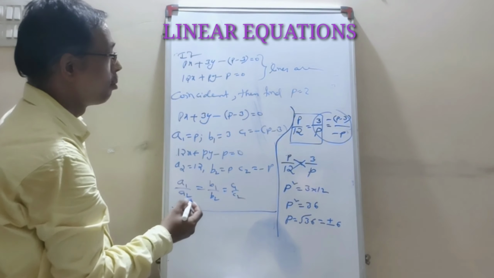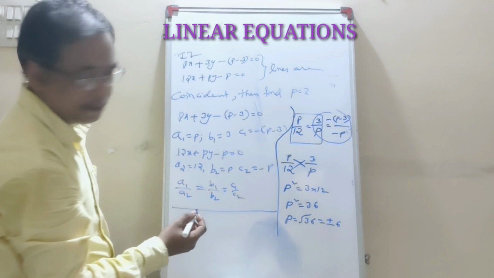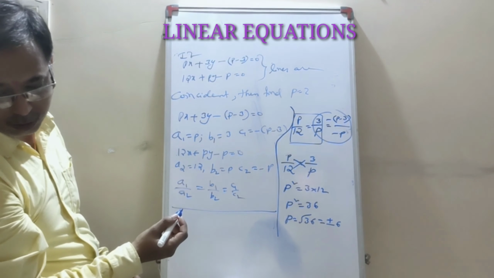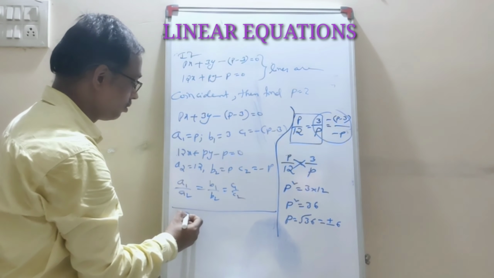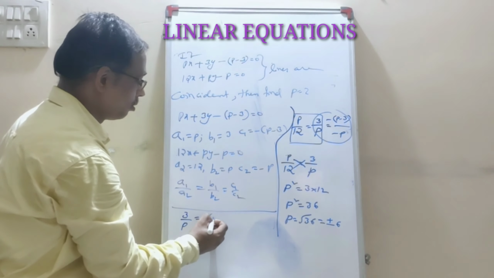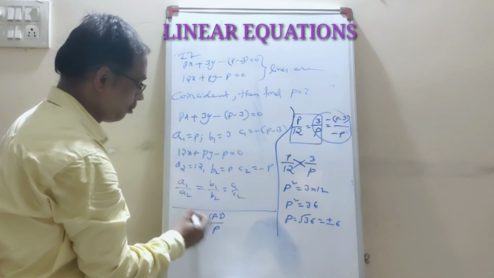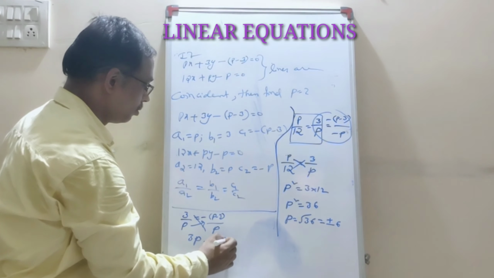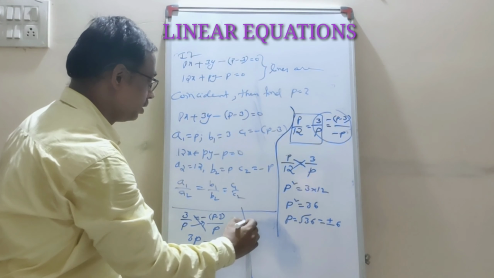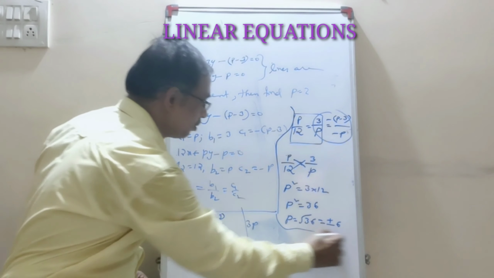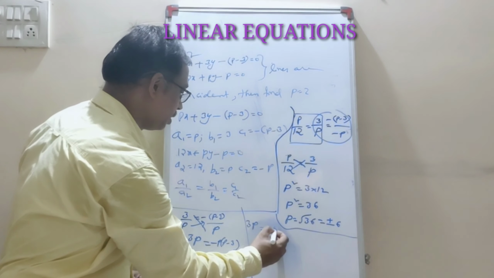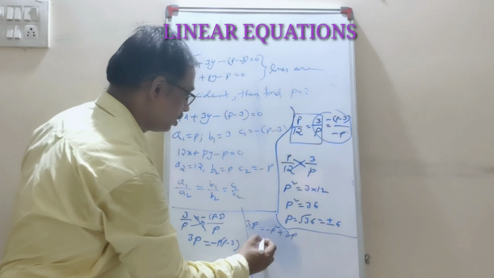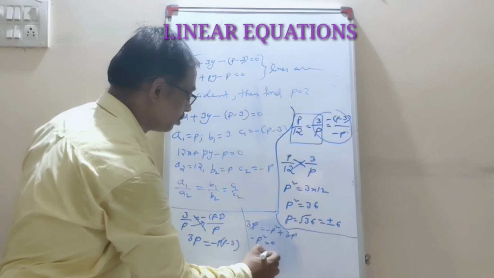We can write 3 by p is equal to minus (p minus 3) by minus p, and cross multiplication we get 3p is equal to minus p square plus 3p. The 3p gets cancelled, that is minus p square equal to 0, then p is equal to 0.